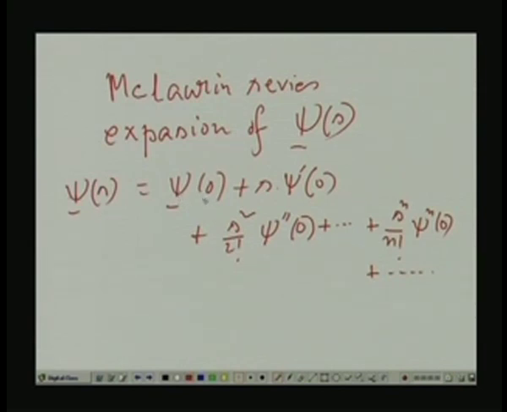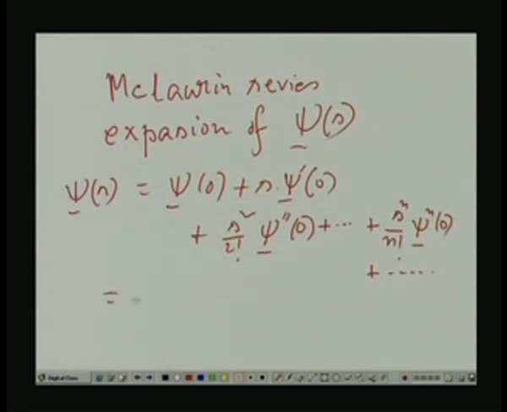Psi bar 0 is 0, the single derivative is lambda 1, then we have lambda 2 and so on, and the nth order derivative of psi bar s at s equal to 0 is lambda n.